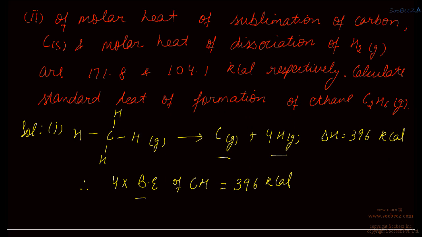Since here we are considering heat of reaction in terms of bond energy, there are no bonds in the products. Therefore 4 into bond energy of C-H will be the heat of reaction. So from here, bond energy of C-H bond equals 396 upon 4 equals 99 kilocalorie.